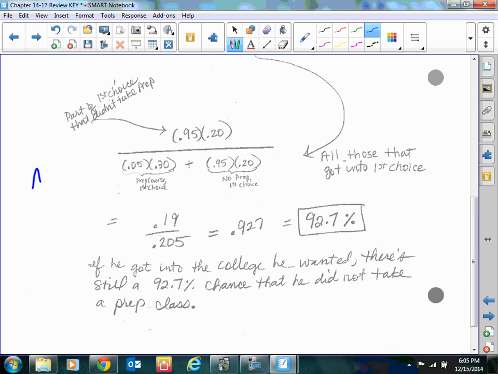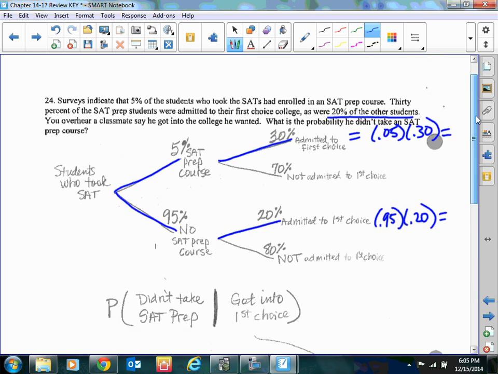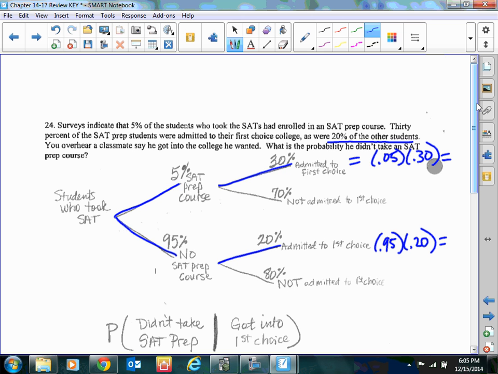So out of all of the ways that you are admitted to your first choice, and I'm kind of actually jumping ahead. We haven't read the question yet. Let's do that so we know why I'm getting these numbers here. The question says, you overhear a classmate say he got into the college he wanted. So that's a given.